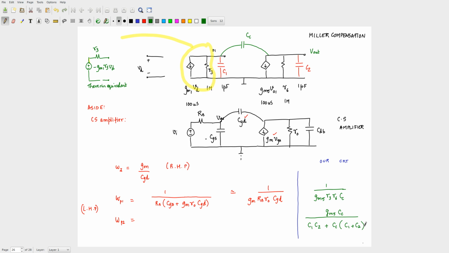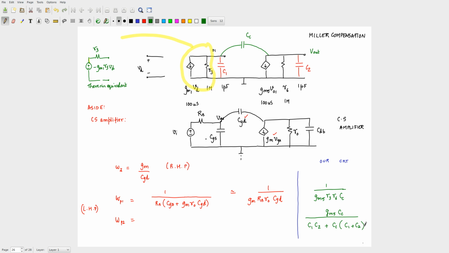I think we had not taken the C2 CC into account, but it's okay. You can go and look at that PDF, and it tells you how to derive this.